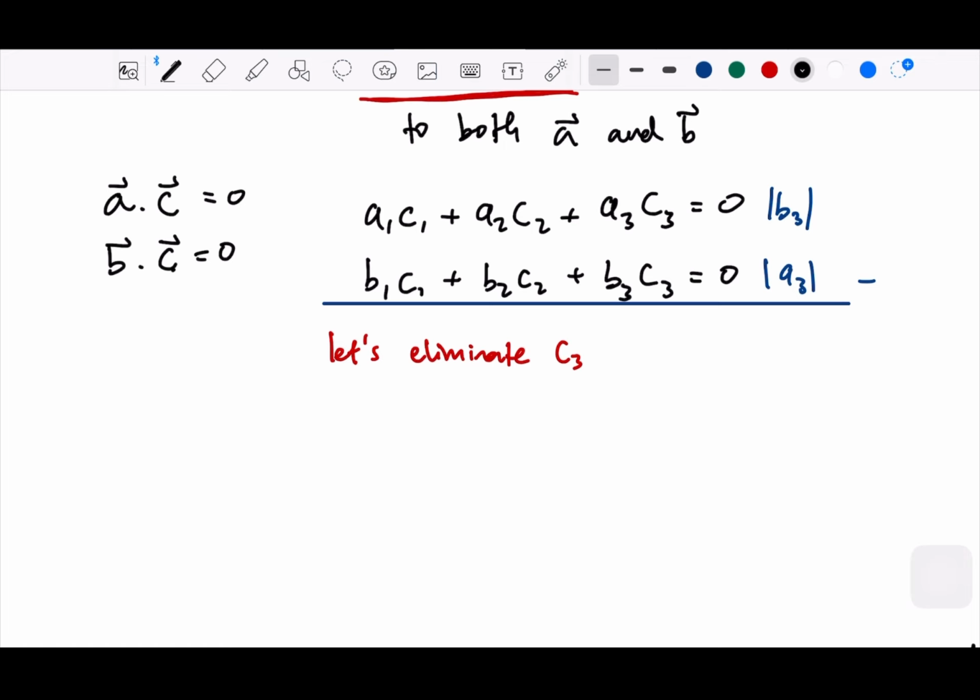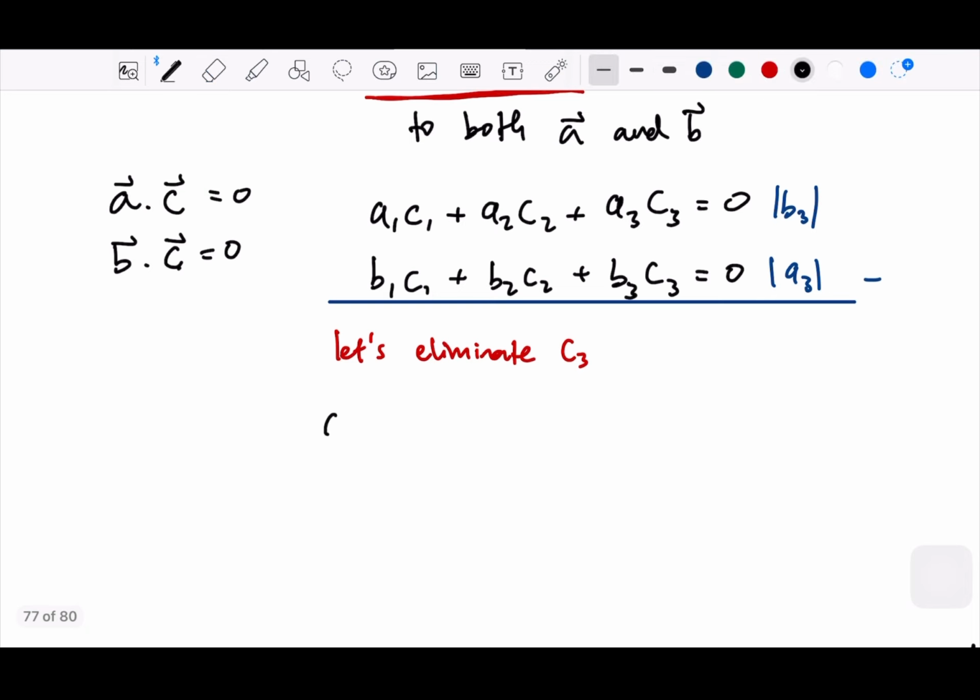So we eliminate, and then the rest will be A1C1 and B1C1. That's for C1. So we are going to have A1B3 minus A3B1. This is for C1, and then plus A2B3 minus A3B2.